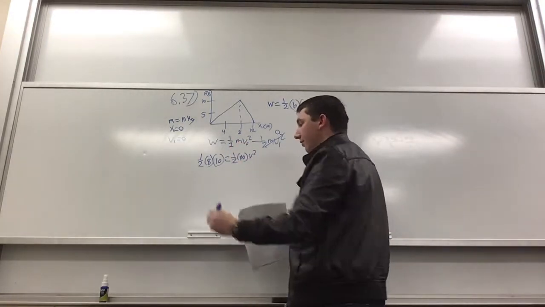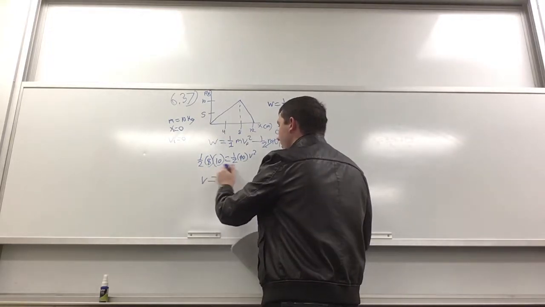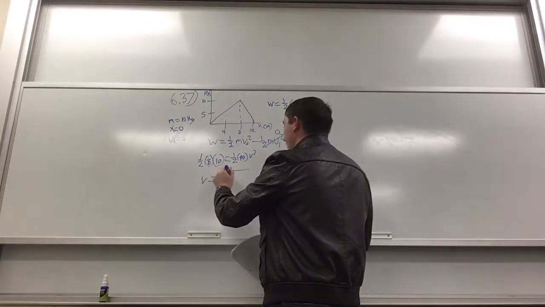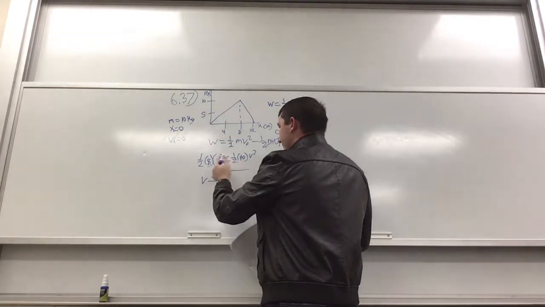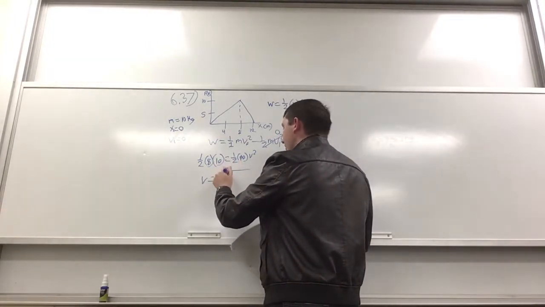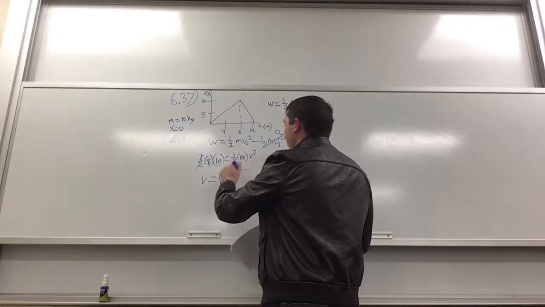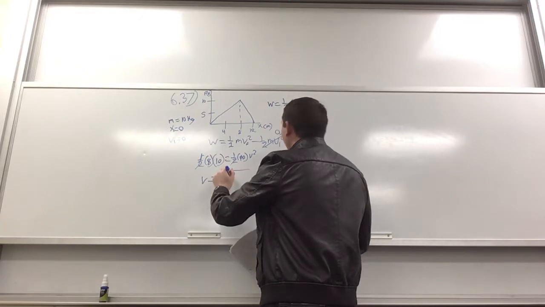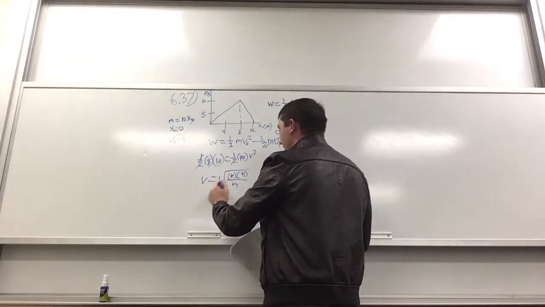We then isolate for velocity, so that would be velocity is going to be equal to the square root of, those would cancel out, so you would have the base times the height divided by the mass.